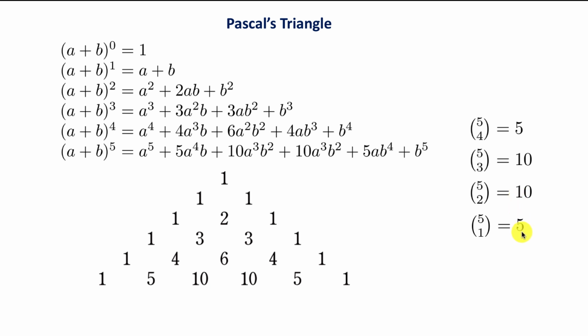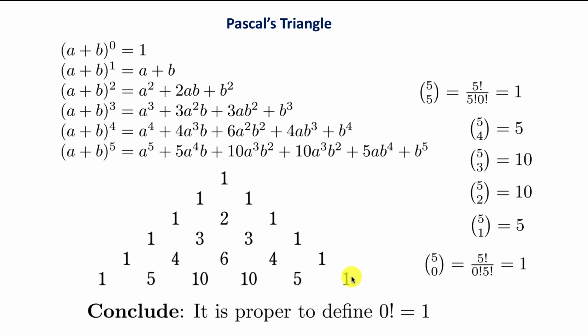And of course, we are left with 5 choose 0 and 5 choose 5. So if we want 5 choose 5 to be 1 and 5 choose 0 to be 1, then we should better define 0 factorial as 1. Remember, it was a matter of choice. We could have defined 0 factorial to be something else, but if we want all these numbers over here and all these numbers over here to be 1, then, of course, this is the proper way to define 0 factorial.